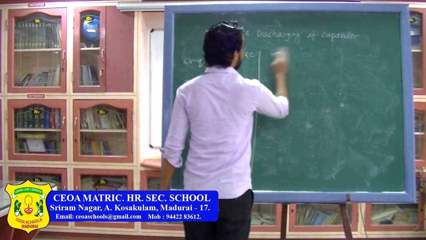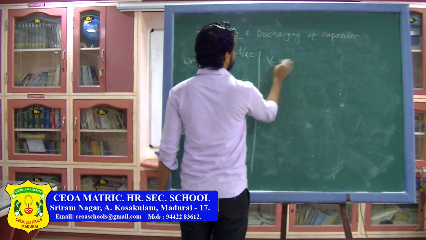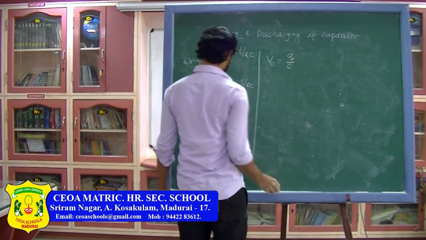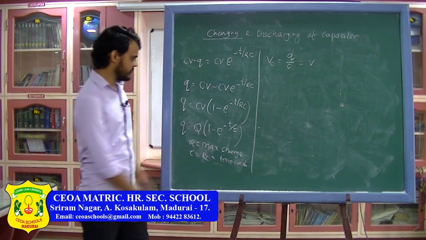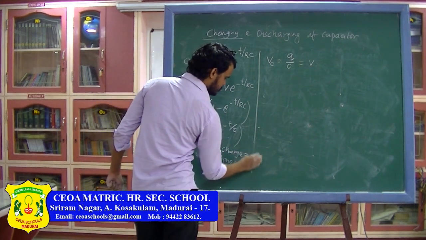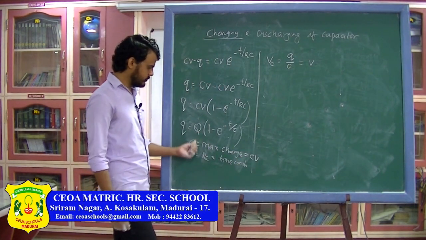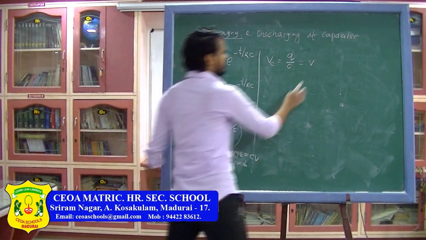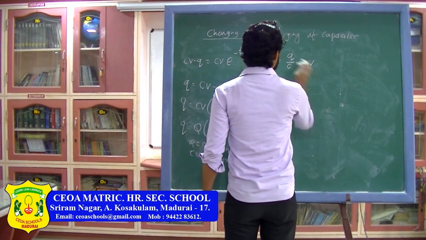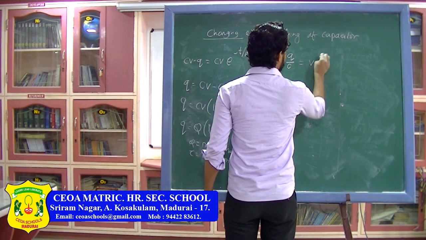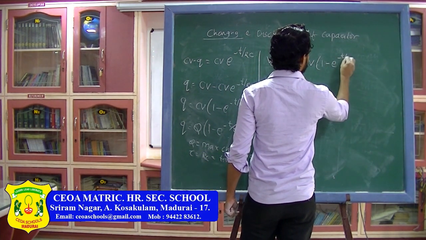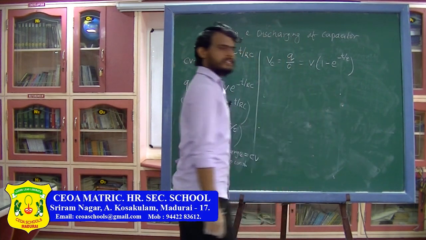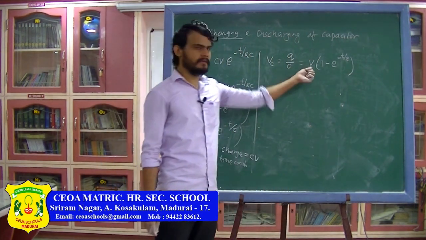So voltage across the capacitor can be written as Q divided by C, which will be equal to V, because this maximum charge on the capacitor is equal to CV. If I divide this Q by C, you will get V. So this will be V times (1 minus e power minus t by tau). So this is the voltage across the capacitor as a function of time.